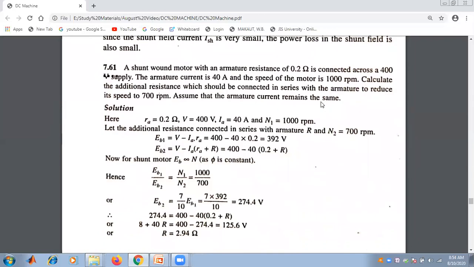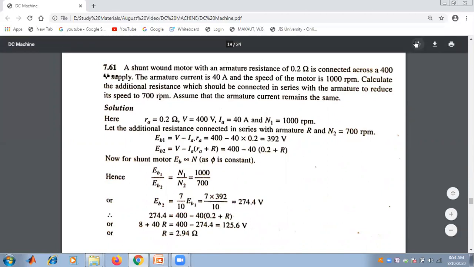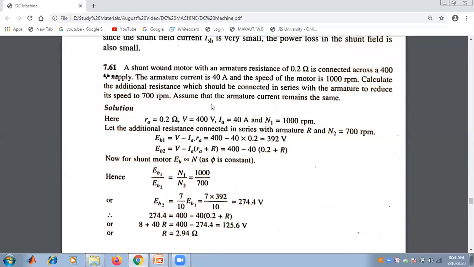So let us take an example in order to understand this process. A shunt wound motor with an armature resistance of 0.2 ohm is connected across a 400 volt supply.